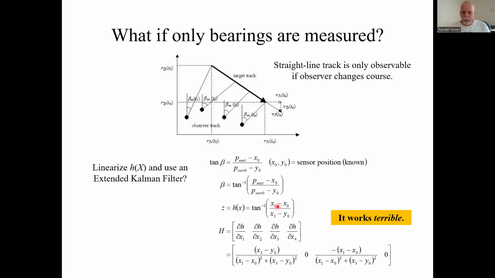Our state variables are position east and position north, and we know our own position. So we have to calculate this capital H matrix by taking these partials, and that's easy enough to do. So we kept linear dynamics, and only the measurement model was nonlinear. It seems nicely set up for an extended Kalman filter.